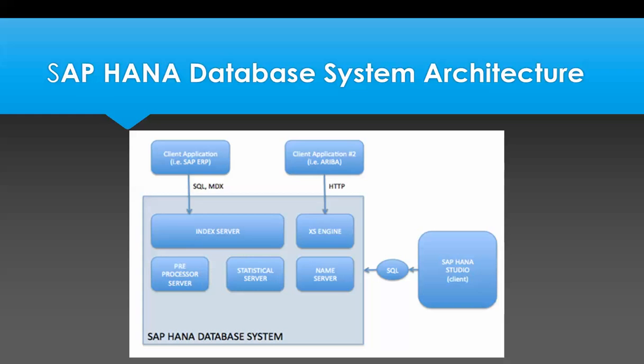Monitoring the clients and getting the status of various alert monitors use the data collected by this server. It also provides a history of measurement data for further analysis. So it basically keeps a check on the health of the SAP HANA system. And then we have the Access engine.